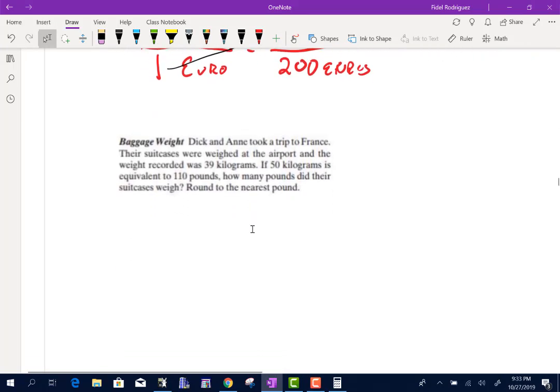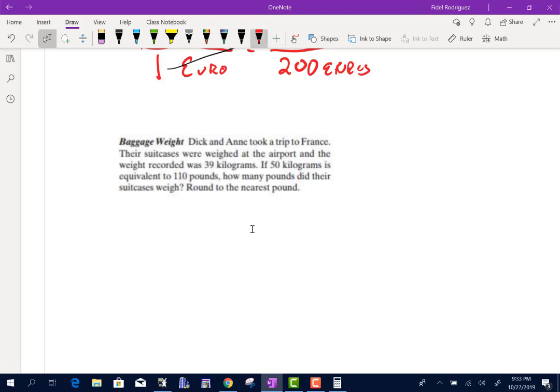Okay, so now let's take a look at the last problem here out of 6.6. Baggage weight. It says Dick and Ann took a trip to France. Their suitcases were weighed at the airport, and the weight recorded was 39 kilograms. If 50 kilograms is equivalent to 110 pounds, how many pounds did their suitcases weigh? Round to the nearest pound.